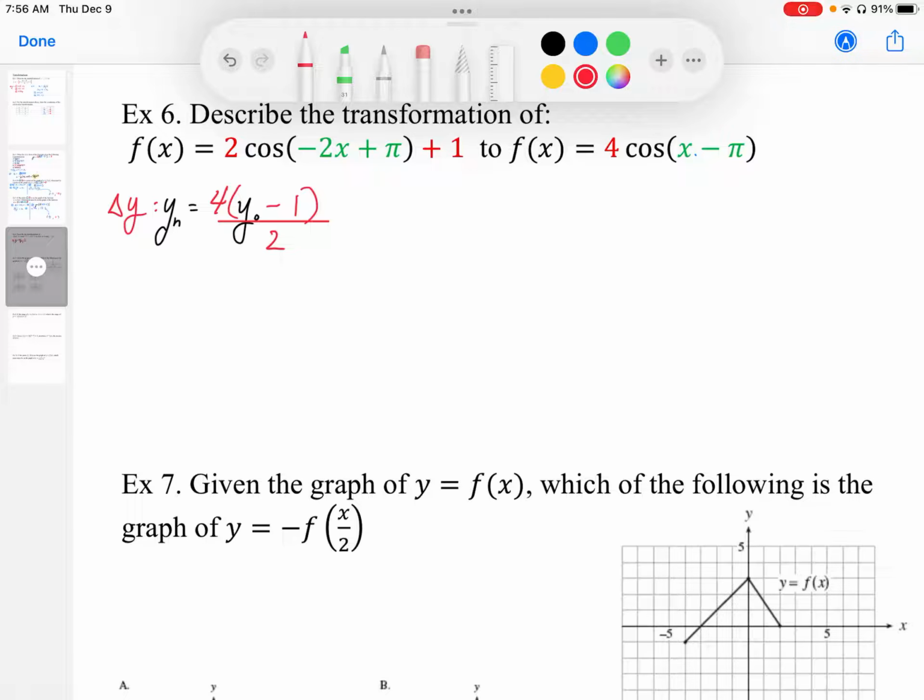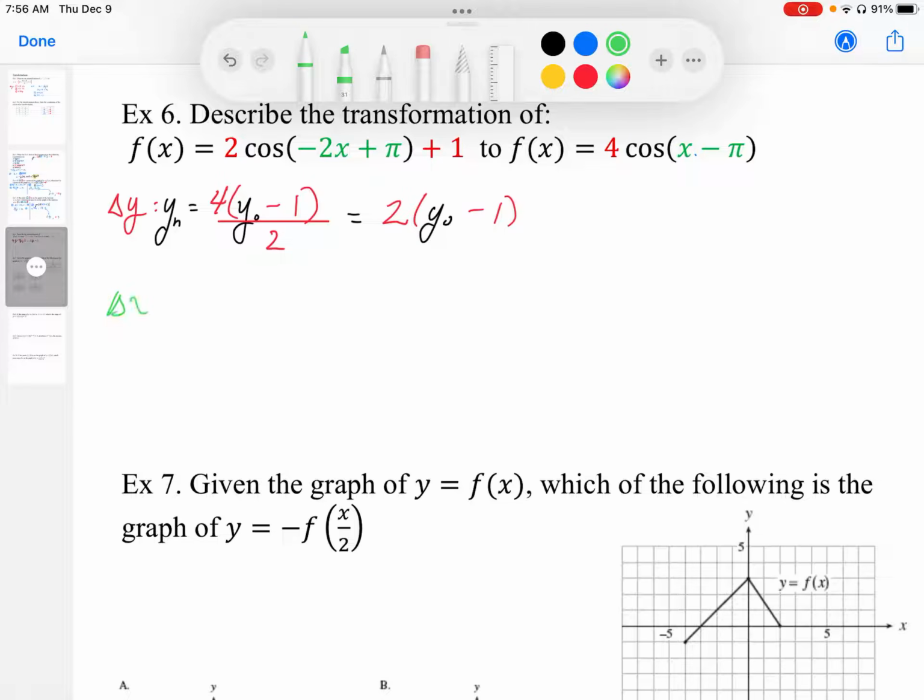Or we could just more simply write this as times 2 instead of doing it in 2 steps. So we're going to go down 1 to get rid of that plus 1, and then we're going to times 2 to make it into the new function, which is a times by 4. Okay, so that's the y.